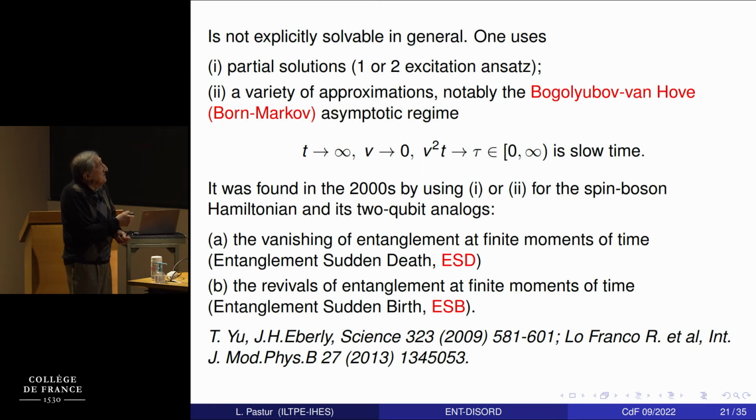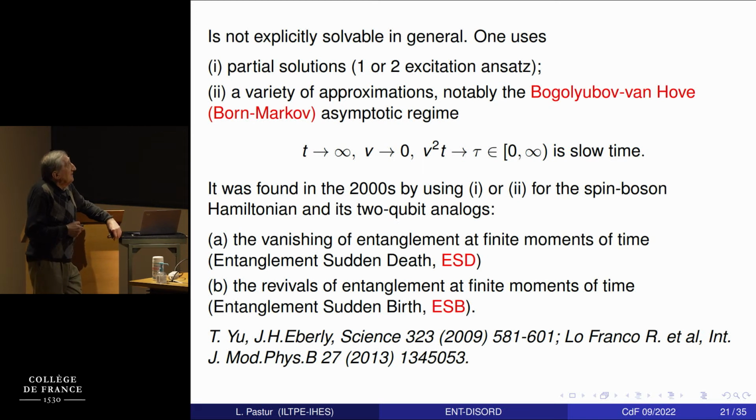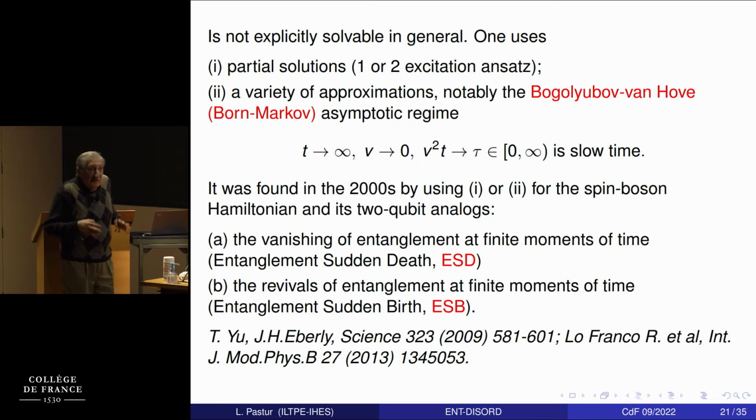So time tends to infinity, interaction to zero, and this quantity is called slow time. In the classical case, this limit plus certain additional simple operations lead you to the Markov process, to the kinetic equation, to standard things. In the quantum case, it's more tricky, but nevertheless, it turns out that if you use this approximation, you'll find a completely interesting phenomenon, which is written here. So you switch on the dynamics.